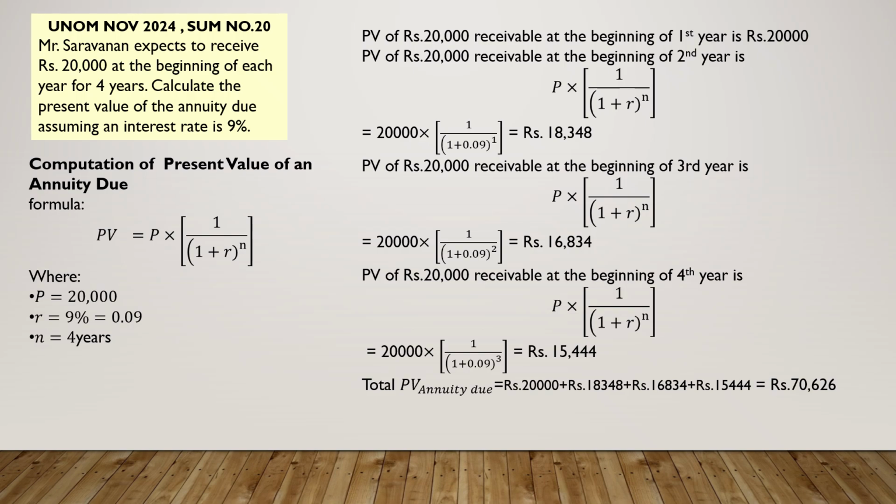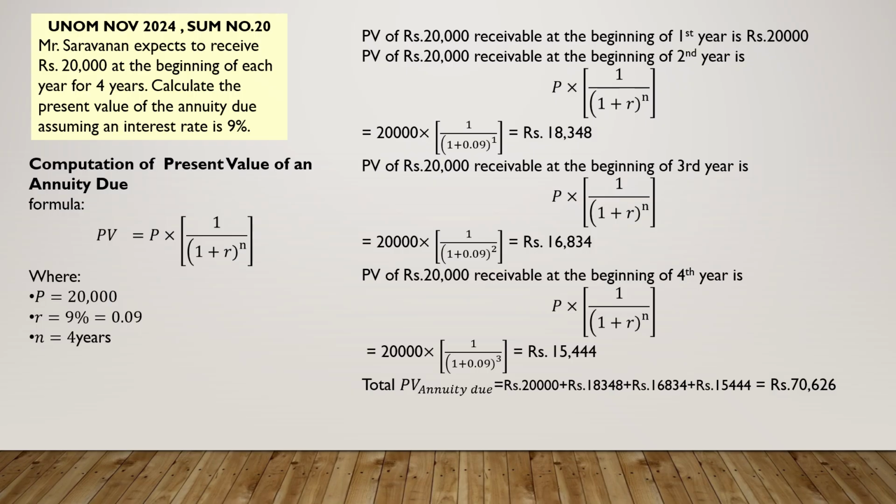But we don't have a table here, so we are applying the formula. The formula for the present value factor is 1/(1 + r)^n. P is 20,000, r is 9%, converted into decimal for calculation 0.09, and n is 4 years.